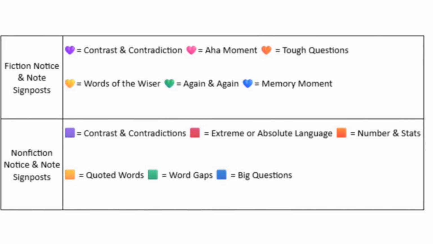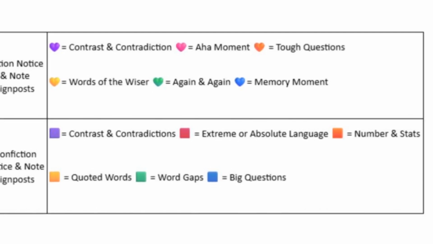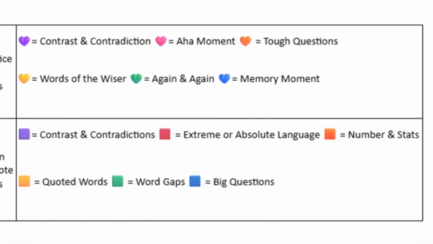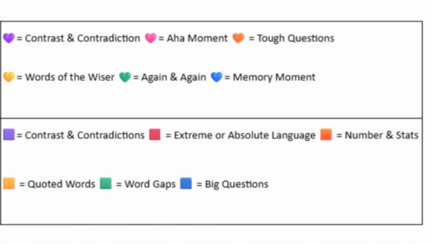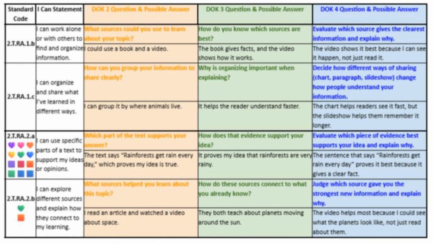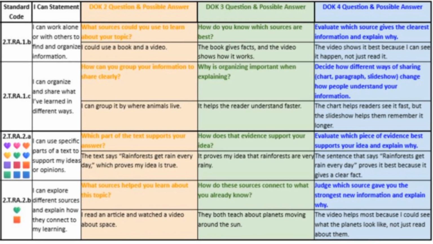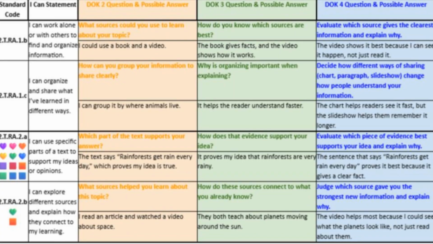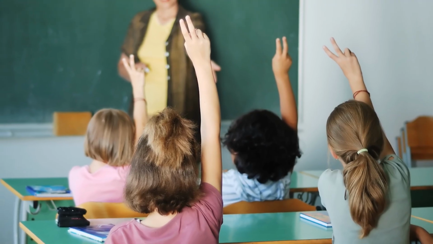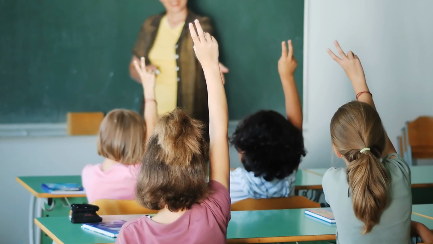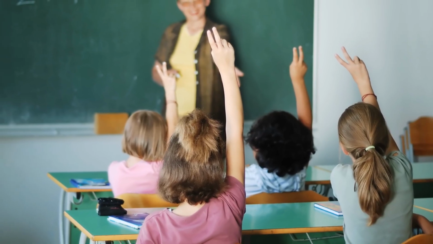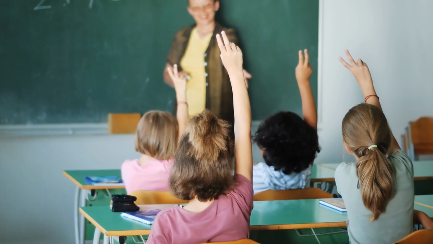For nonfiction, you'll see contrast and contradictions, extreme or absolute language, numbers and stats, quoted words, word gaps, and big questions. Each color in the guide connects to one of these signposts, helping teachers identify where students can annotate and discuss meaning in real time. The combination of Notice and Note plus DOK questioning creates a powerful routine. Students notice, annotate, question, and explain their reasoning using evidence from text.